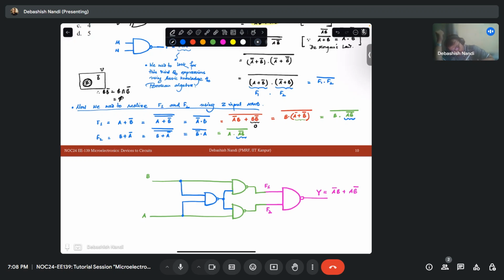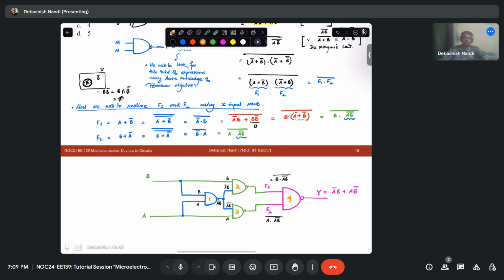So this is B, this is A, this is (A B) bar. So F2 is nothing but A times (A B) bar, bar. F1 is nothing but B and (A B) bar, bar. Okay. So how many gates we have? We require 1, 2, 3, and 4.